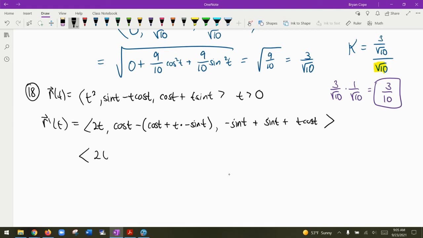That simplifies a bit: 2t, and then t sine t, and t cosine t.